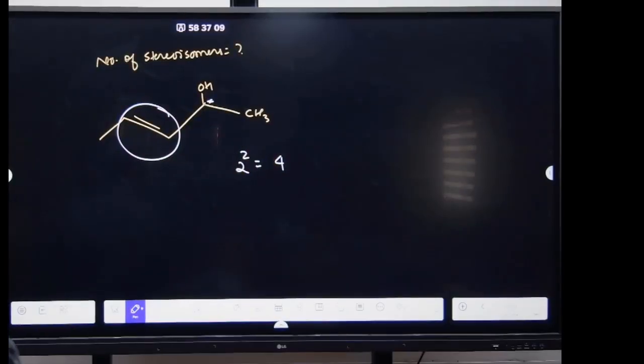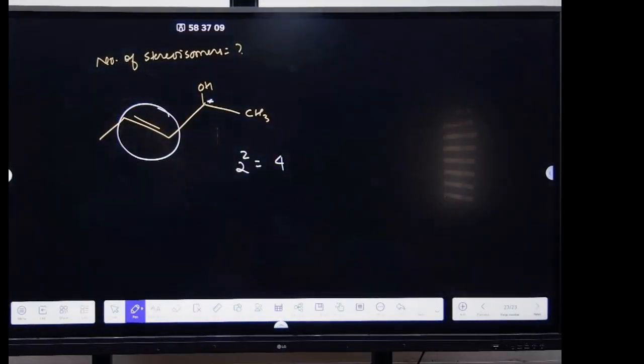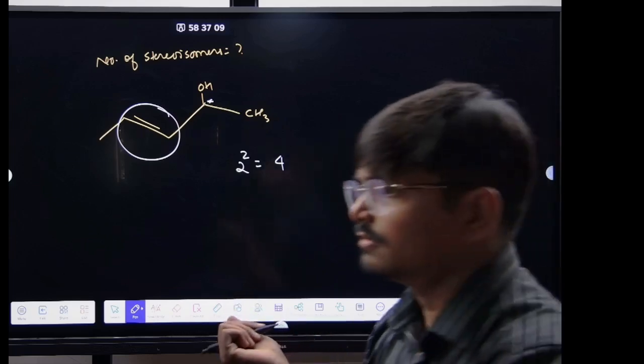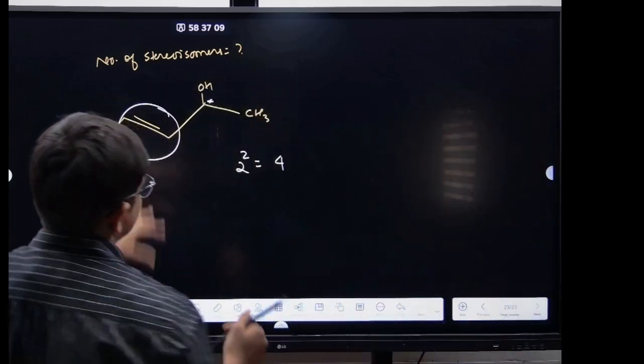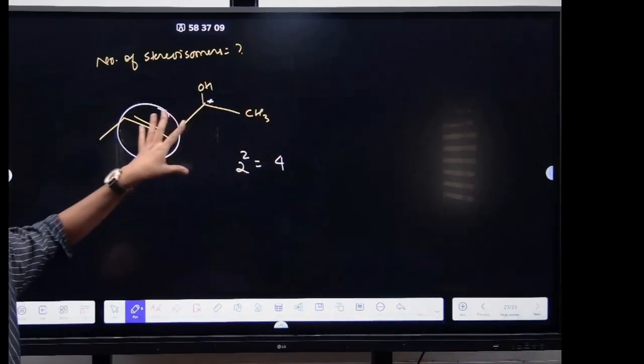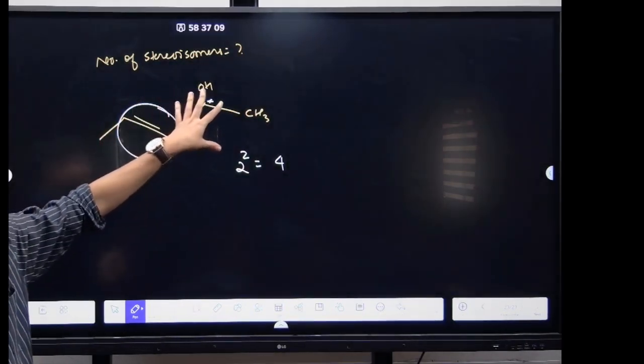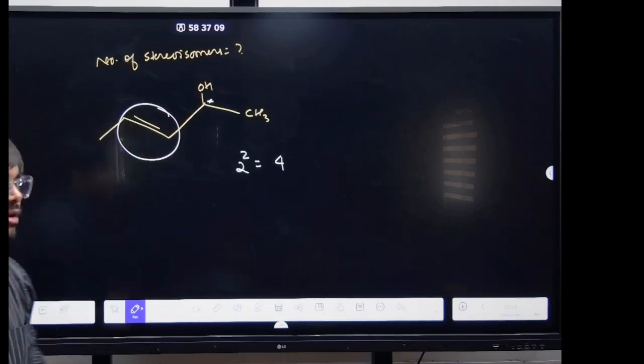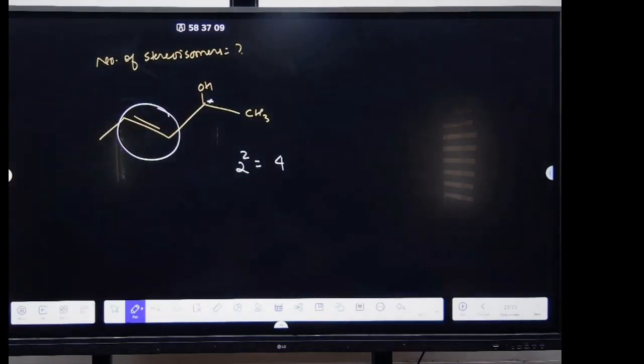So you have to look for the chiral center as well as the double bond, whether it is showing geometrical isomerism or not, because around a double bond it can show cis as well as trans. So two possibilities multiplied by two possibilities give you 4 possibilities. This is how we find out the number of stereoisomers.